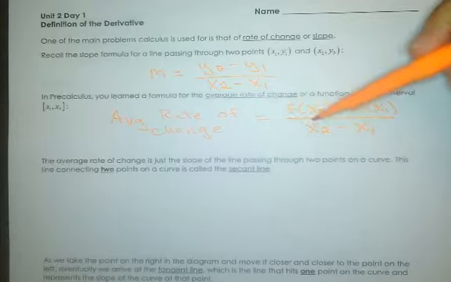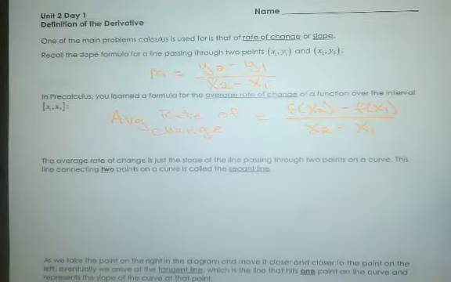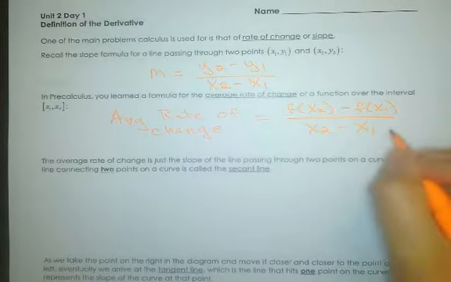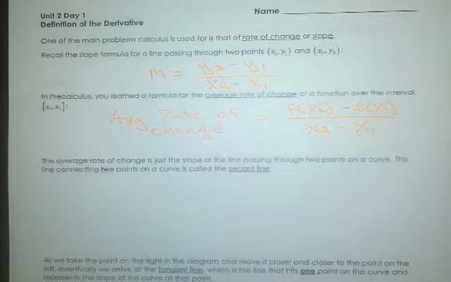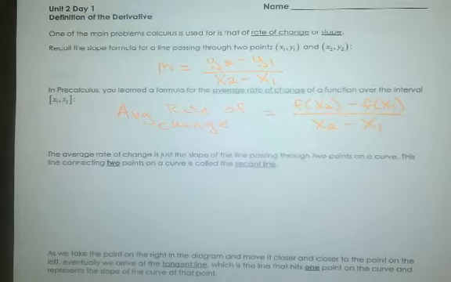So it's basically the same formula, but now we're taking an average. For example, if you were working with a parabola, you would take 2 points on that parabola and find the slope that connected those 2 points, and we'd say that's the average rate of change over that x interval. That was how we solved this problem last year, but now calculus lets us find the rate of change in a different way.